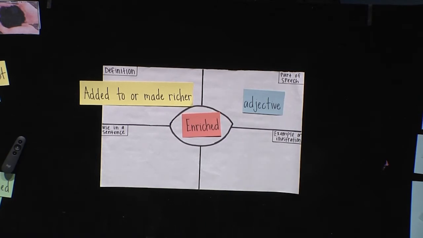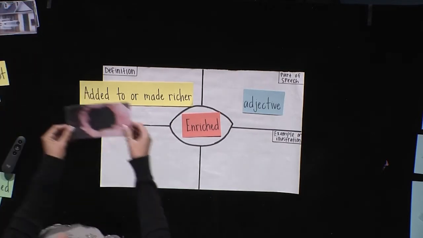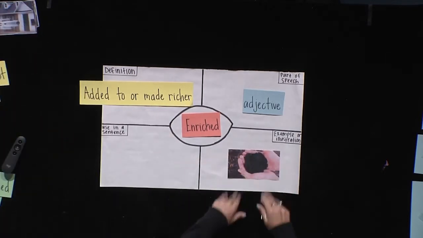And in our story, we're going to have this word in context talking about our soil. They had enriched soil because of the Nile River. So, I have my picture here, a cool picture of some enriched soil.